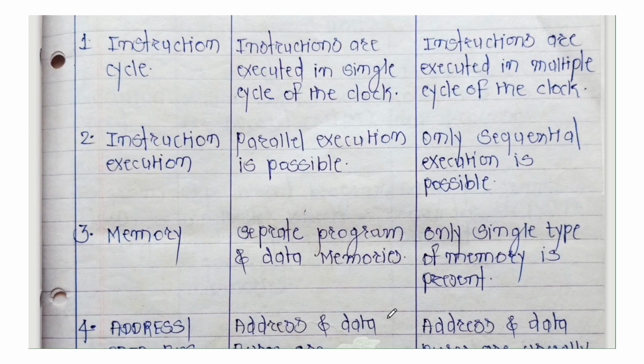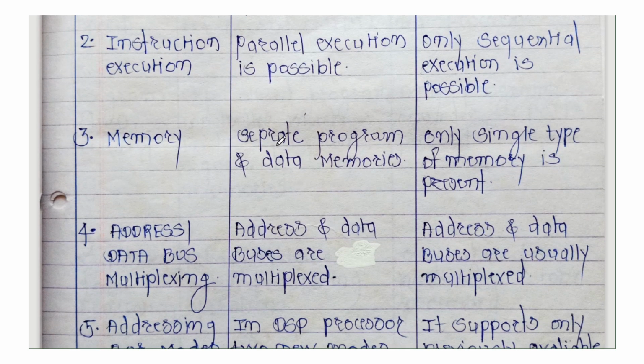So what is the next difference? Memory: in a DSP, separate program and data memories are available, whereas only a single type of memory is present in a general purpose processor. What about the address bus and data bus? Address bus and data bus are usually multiplexed. So this is a common feature, it cannot be used to distinguish them, but as per the capacity, we can say the address bus and data bus capacity of the DSP processor is very huge compared to the general purpose processor.